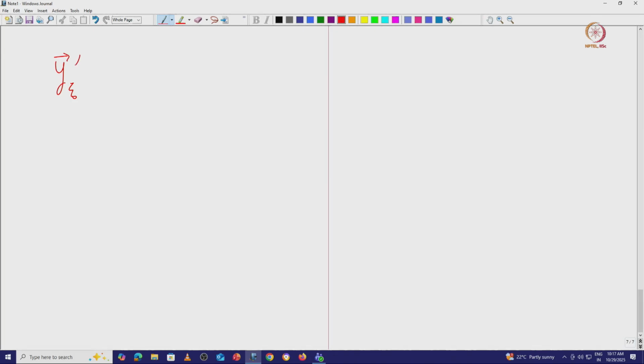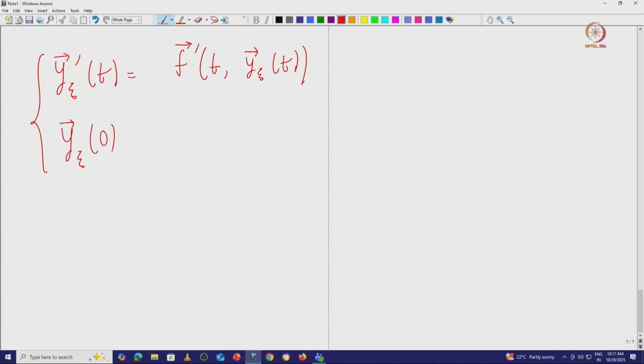So, if you take y_xi prime at t, that is going to be F at t comma y_xi at t, and it satisfies the initial condition that y_xi at 0 is precisely xi.